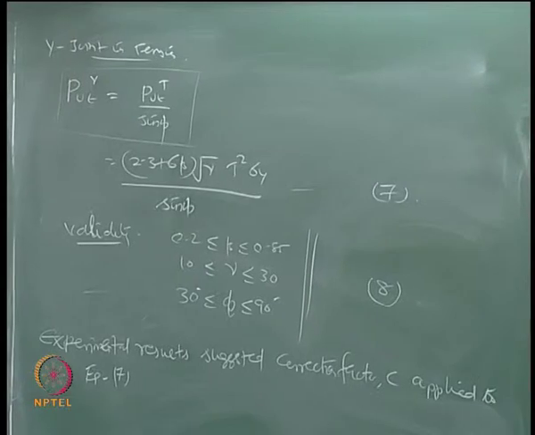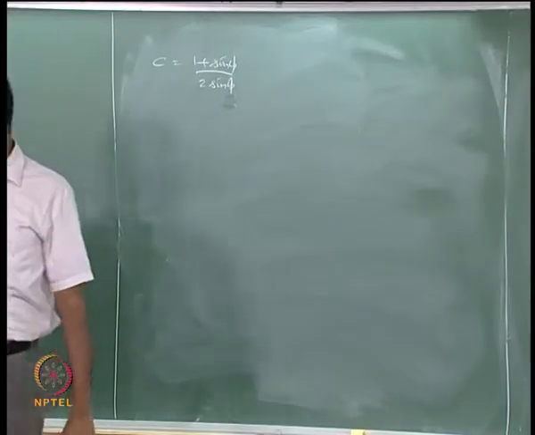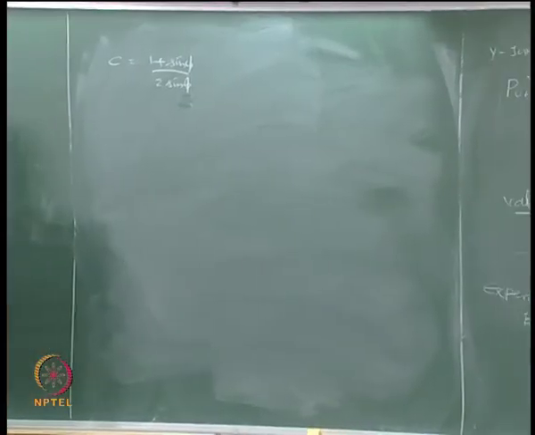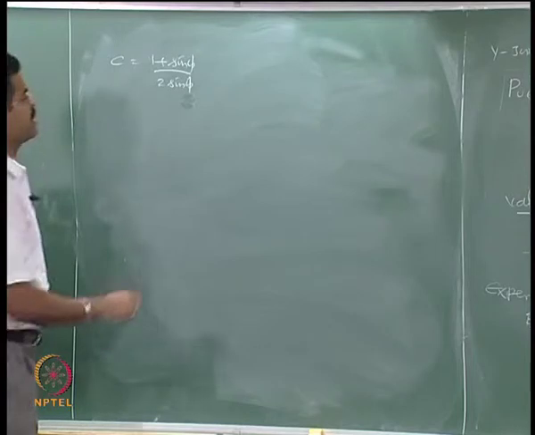C is nothing but 1 plus sin phi by 2 sin phi, which is a function of the angle phi, which is the inclination of the brace with respect to the axis of the chord. Which is always greater than 1.